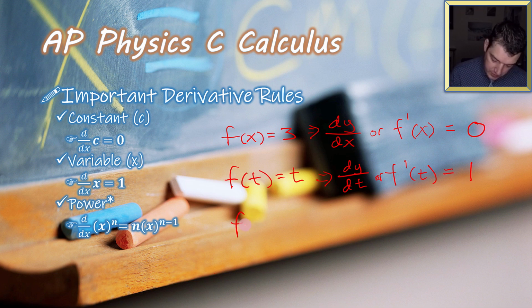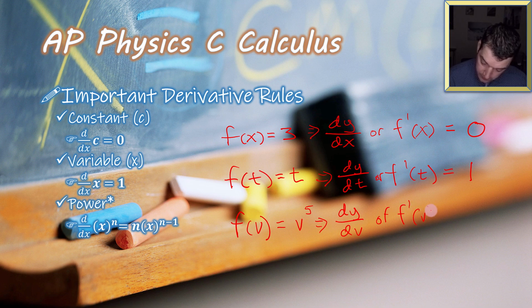Let's look at the function of v equaling v to the 5th. The derivative of the output in terms of the input v, or the first derivative of v, ends up equaling the exponent times the original variable to the exponent minus 1.